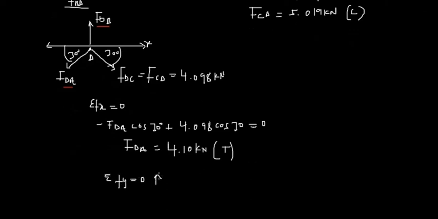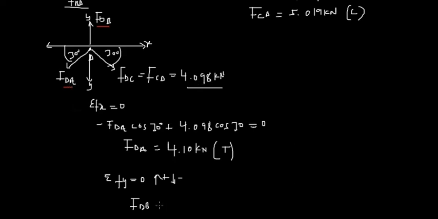And then let's look at the forces acting in the y direction. Upwards is positive, downwards is negative. So we have FDB acting in the same direction as the y axis. And then we have both of these forces also acting in the y direction, but opposite: this 4.098 and this 4.10.